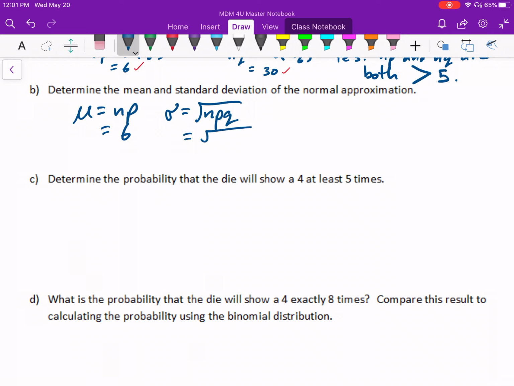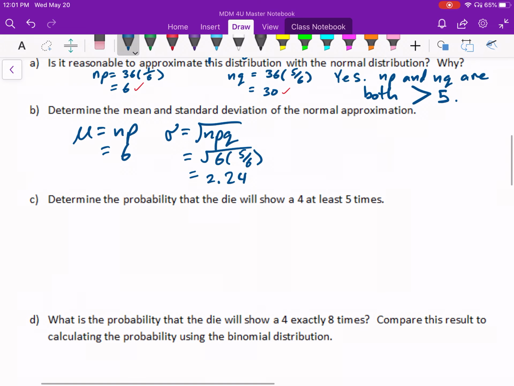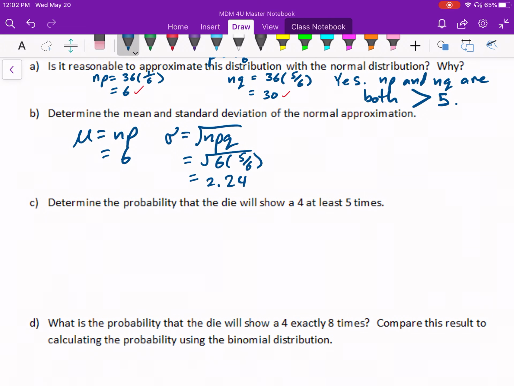Since we already know that np equals 6, I can just fill that in and multiply that times 5/6 for q. When I take the square root of it all, I get 2.24 to 2 decimal places. So there's my mean and my standard deviation, and we're going to use that for z-scores.